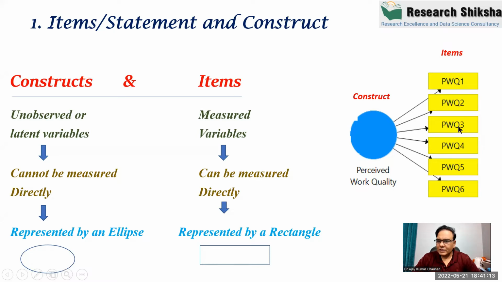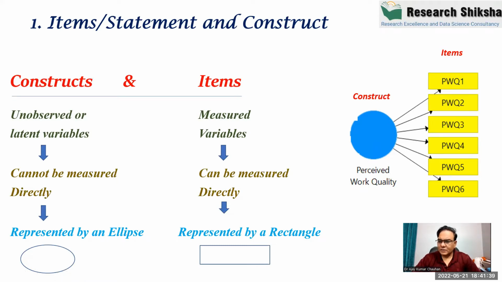Whatever you see in this yellow box are known as item codes, PWQ1 up to 6. So we are using the 6 item codes, and each item code represents a statement. So this is the diagram of a construct.